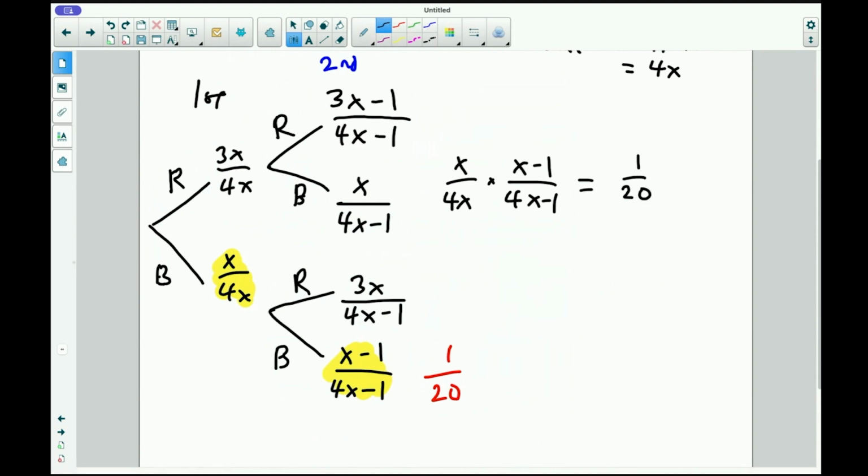Okay? So hopefully we understand where that came from. We have to multiply those together because those two probabilities have to multiply to give us 1 over 20.